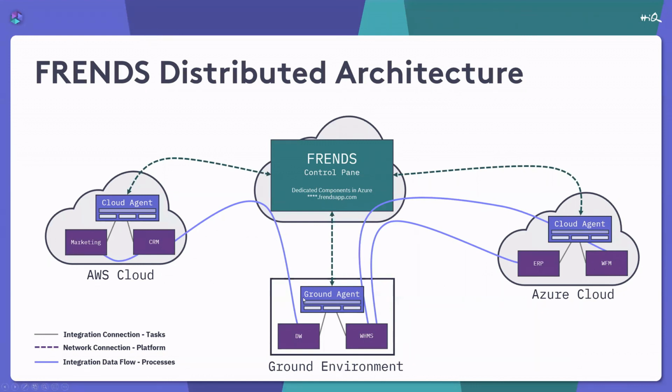And also as an added bonus, you probably remember that it's much simpler and easier from a security perspective, and of course much more secure, because when we're utilizing the Azure Service Bus queue to pass the data from the cloud to the ground, that means that all the agents only need to be able to connect outwards.